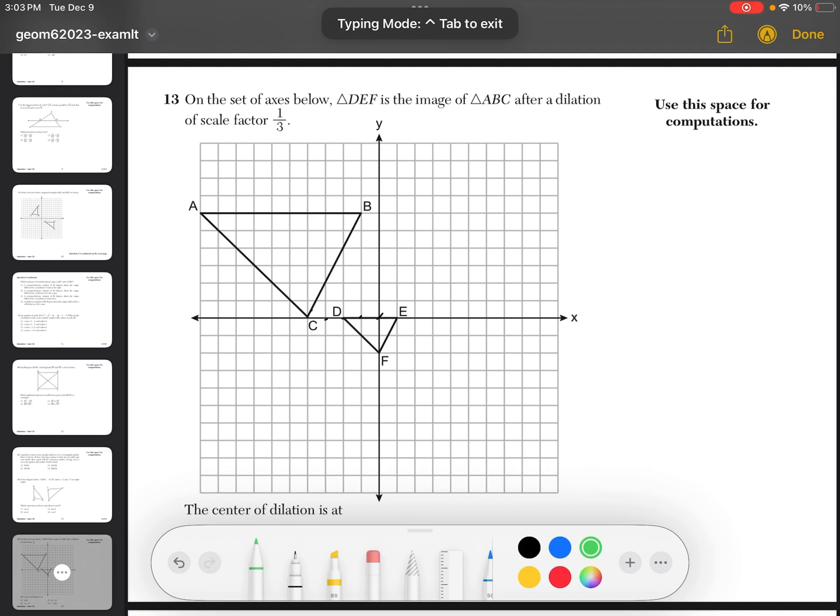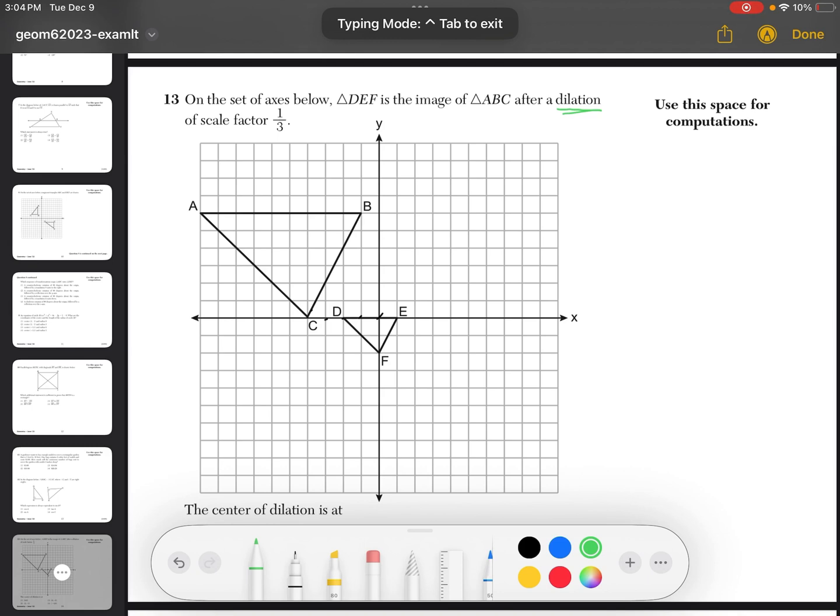Now, this is the transformation, dilation here. On the set of axes below, triangle DEF is the image of triangle ABC after a dilation of scale factor 1/3. So the dilation transformation did not maintain the size.